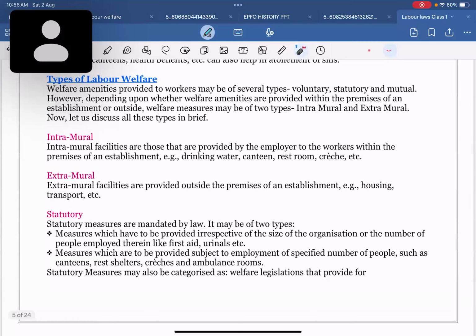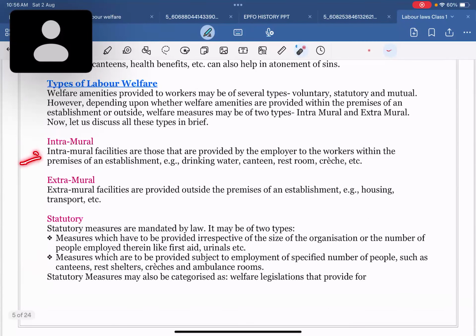See these points, the second points, and see intramural. The examples are somewhat the same, but the definitions are different. Intramural facilities are those provided by the employer to the workers within the premises of the establishment.